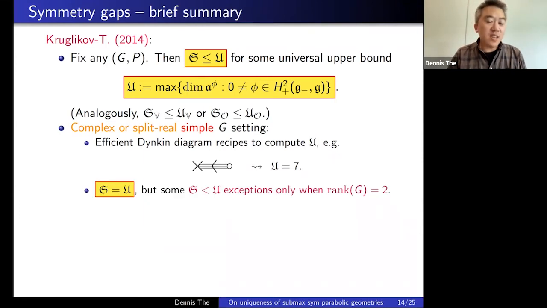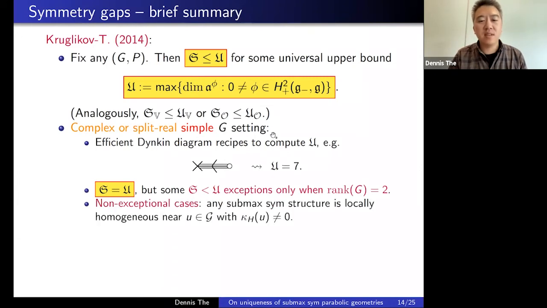What about asserting a priori that you have equality? It turns out S is equal to U almost always. You're going to get some exceptions only when the rank is 2. This is under this complex or split real hypothesis. For the non-exceptional cases where you have equality, any submaximally symmetric structure is locally homogeneous near a nice point.